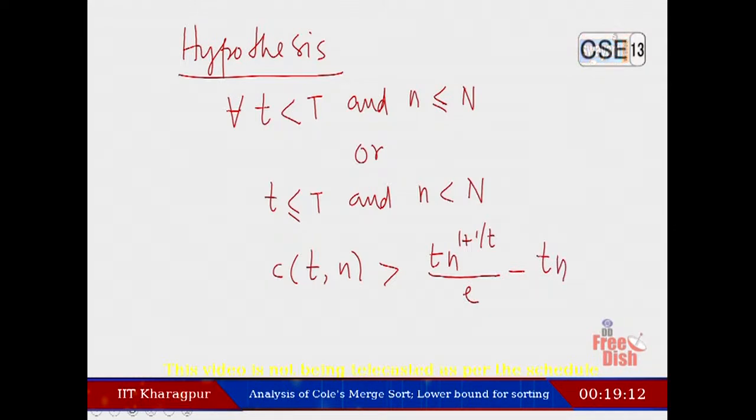So this is what our hypothesis is. That is, we are varying n and t both.